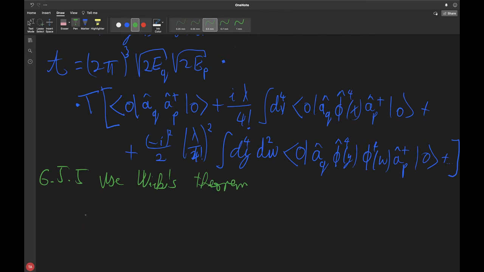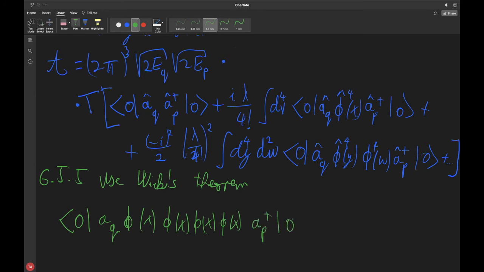We have terms like the vacuum, a_q, phi at x, phi at x, phi at x, and phi at x, and a_p dagger acting on the vacuum, operators like these.